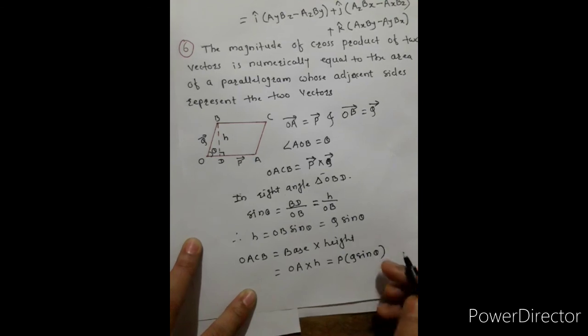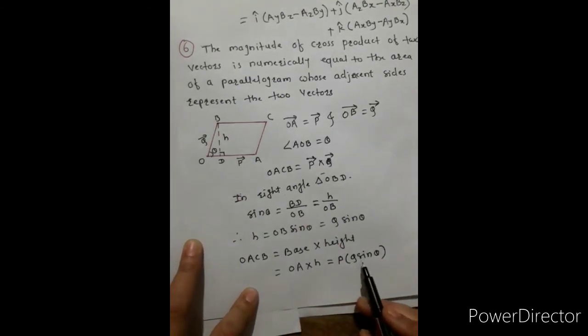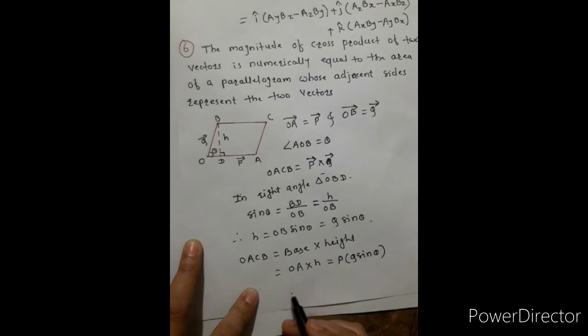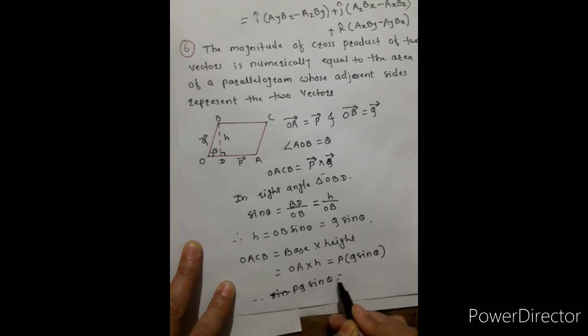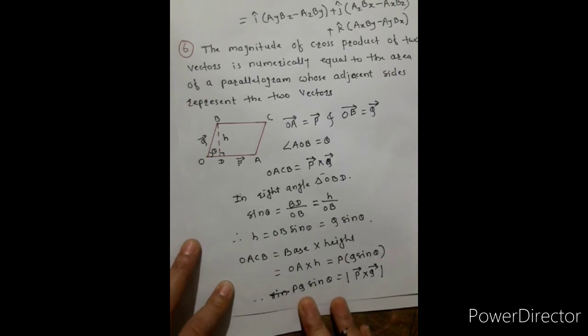OA means vector P, and H is equal to Q sin theta. Means PQ sin theta is equal to magnitude of vector P cross vector Q. Okay, that is the area of parallelogram.